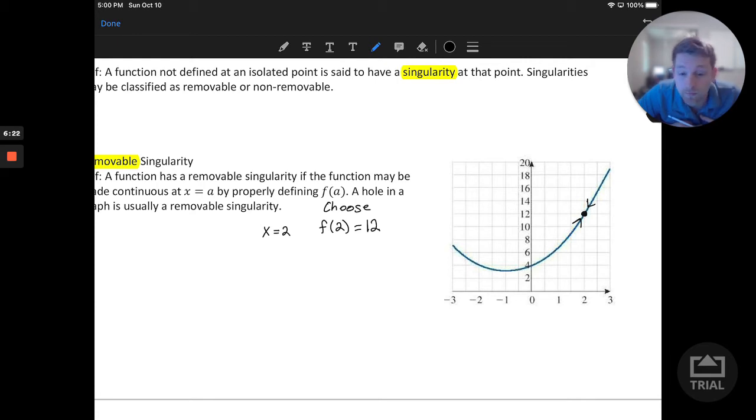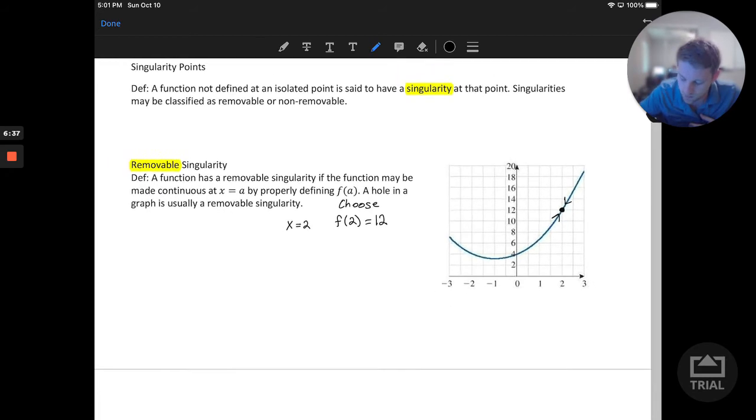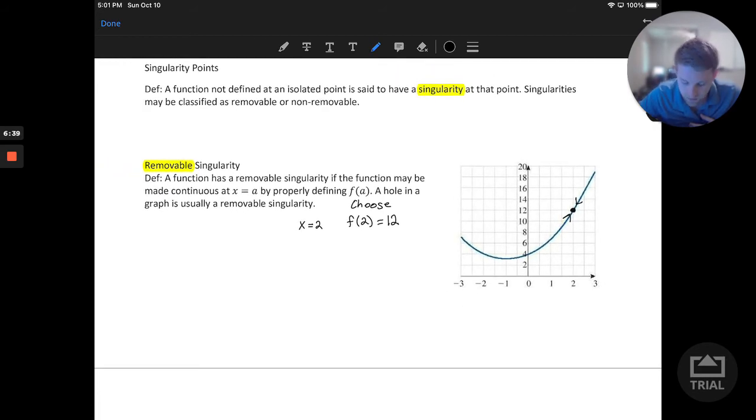So now if I define that value and place it in the graph, I would have a continuous function. So this would be an example of, again, a removable discontinuity, or a removable singularity in this case, excuse me, a removable singularity.